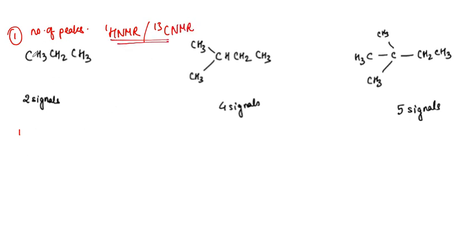Let's consider propane first. First of all, we are going to see how many magnetically distinct protons or C13 carbons are present in the molecule, and definitely as many distinct protons, as many number of peaks.